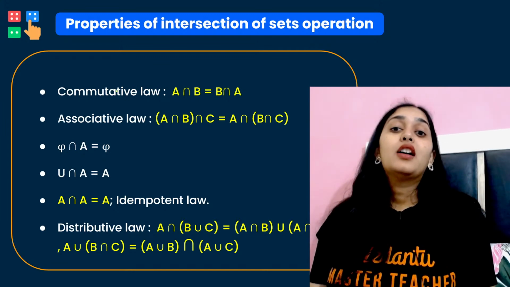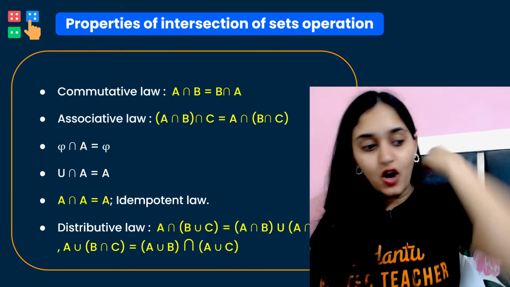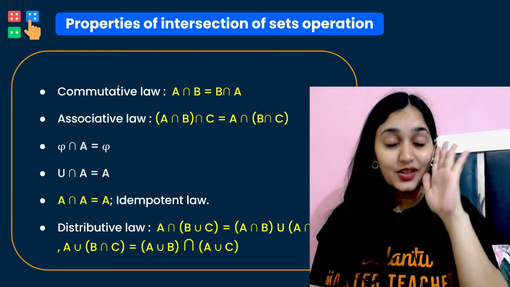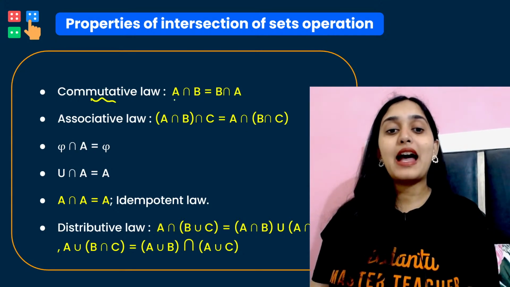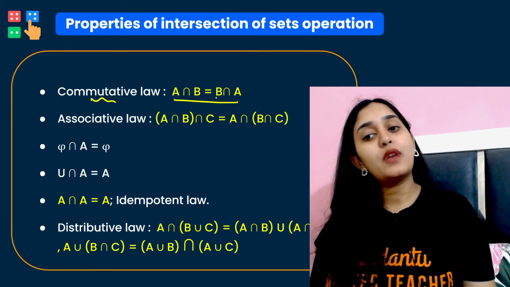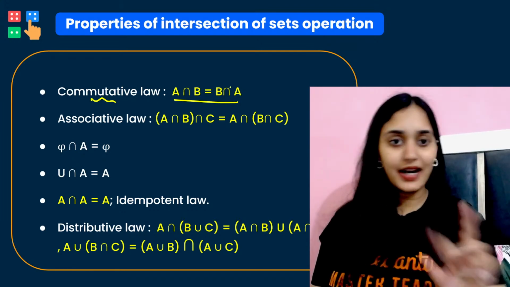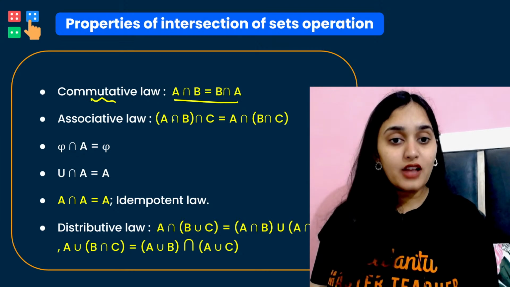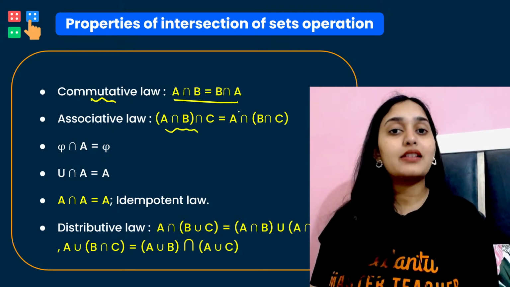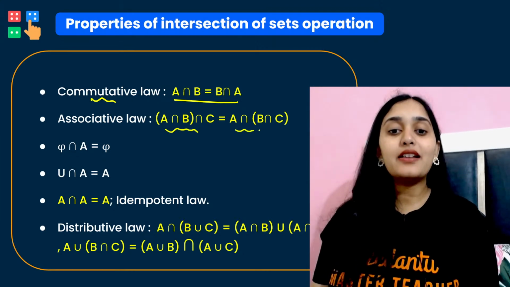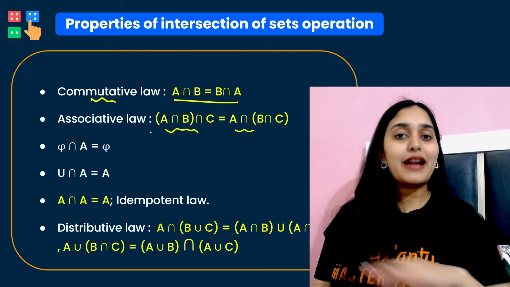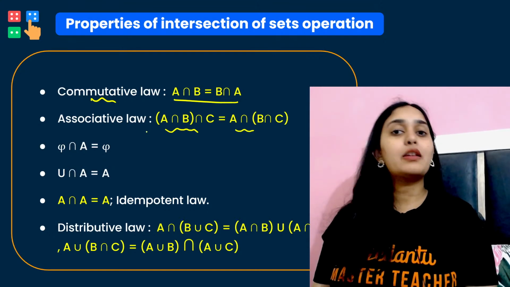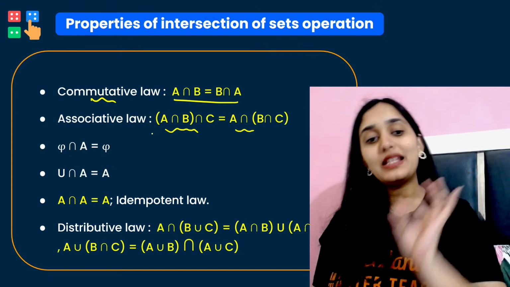Now, let's look at the laws of intersection of two sets. So first of all, commutative law says that A intersection B is always equal to B intersection A. They are same. Associative law says that A intersection B intersection C is equal to A intersection B intersection C. So it does not matter that you change the order or the brackets, the answer will be same.